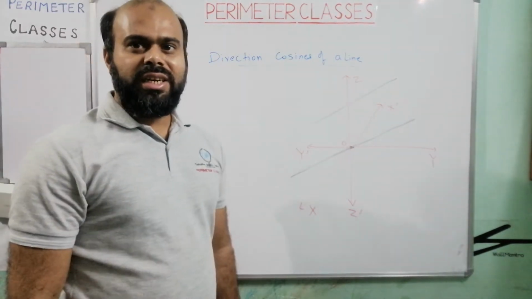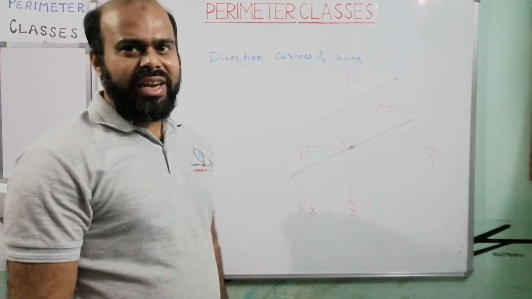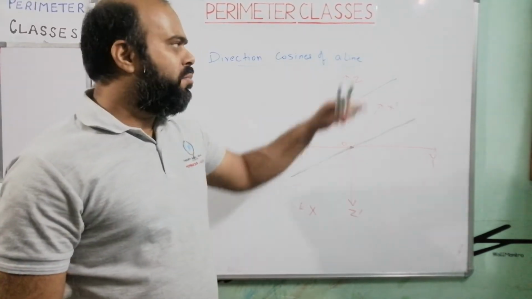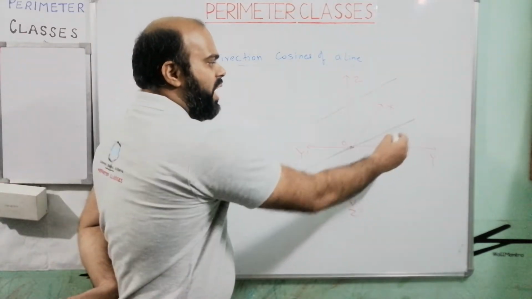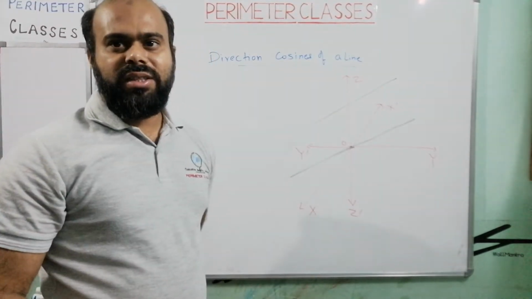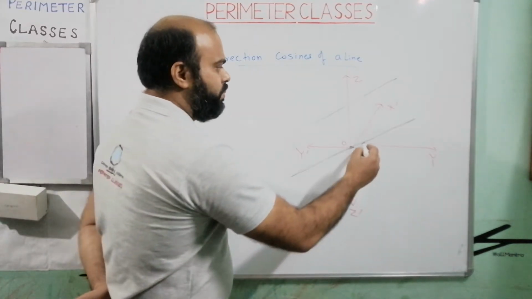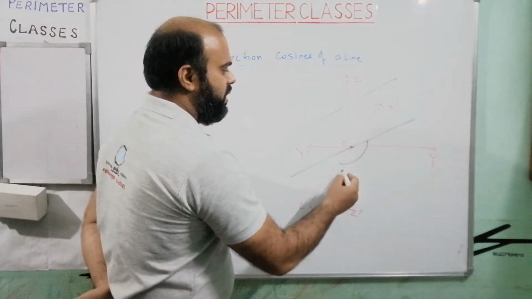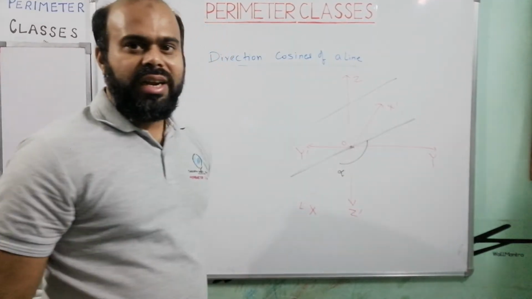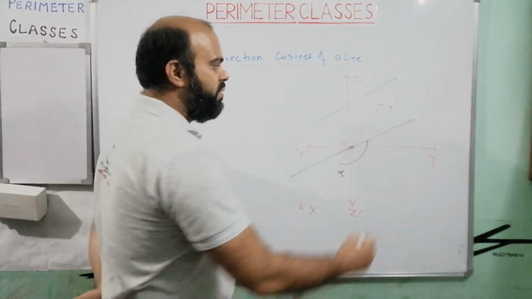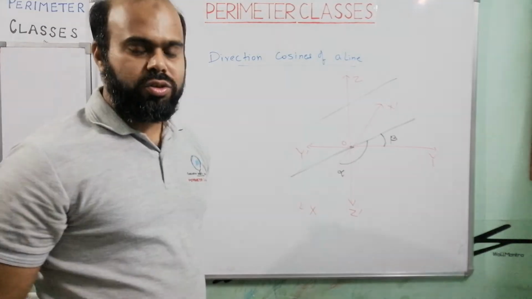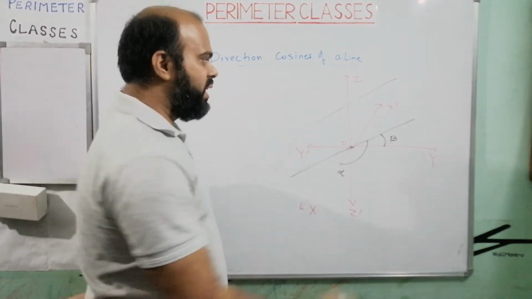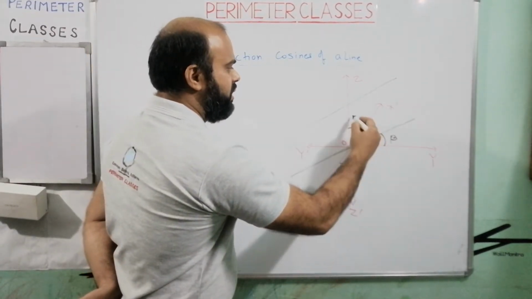If we consider the directions, directions will not be affected by translating it parallel to itself. Now this line is making some angle with the positive x-axis. This angle, suppose alpha, it is making some angle with the positive y-axis, that is beta, and this is also making some angle with the positive z-axis, that means gamma.